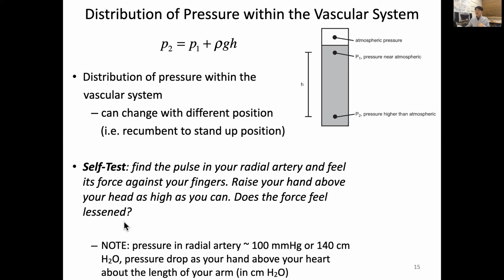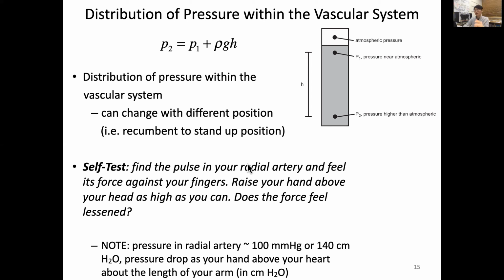So we can have a fun test using our radial artery. The radial artery is here, near the thumb part, where you can feel the pulse. Can you try it?